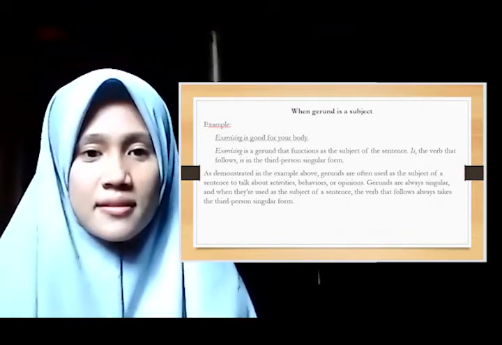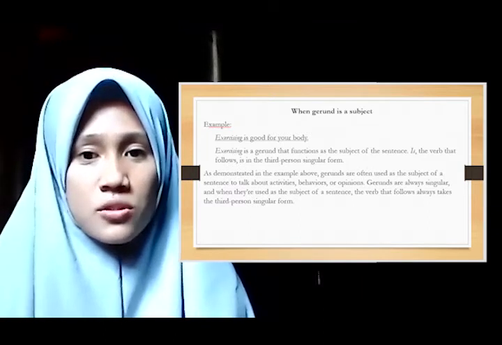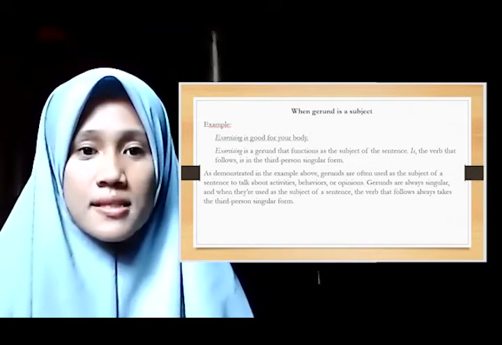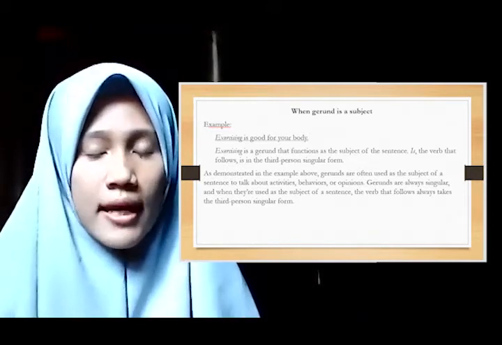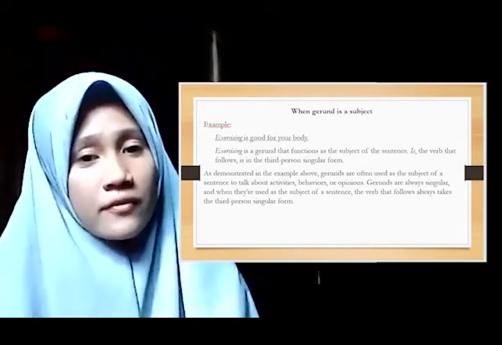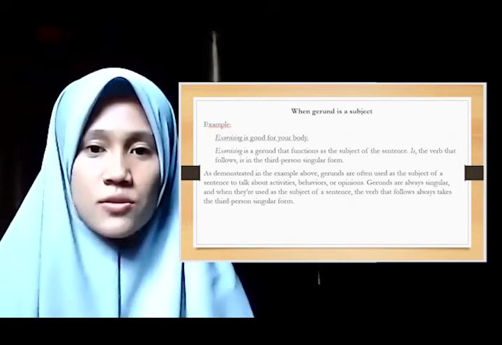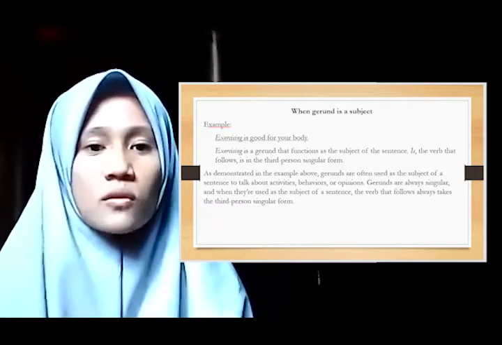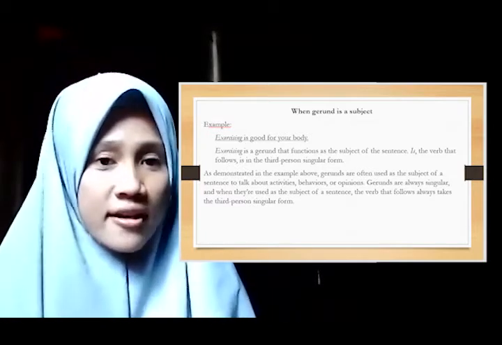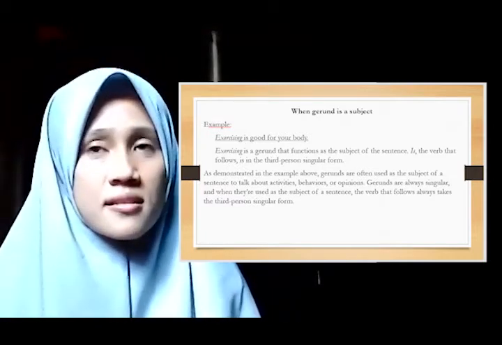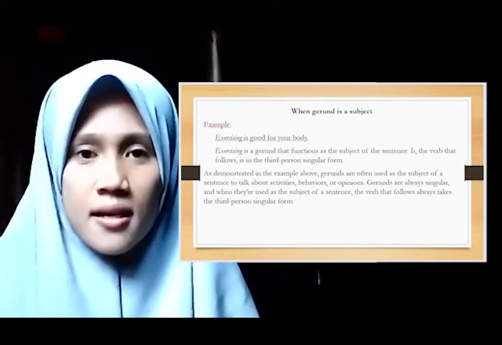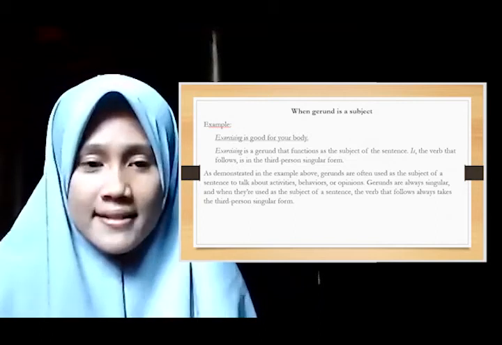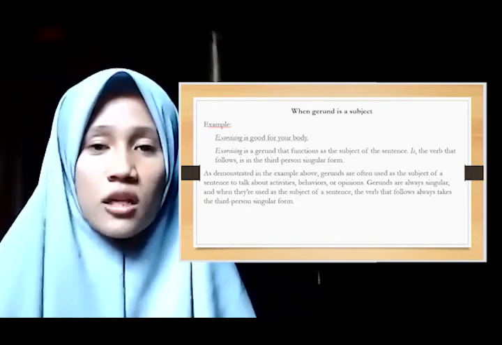As demonstrated in the example above, gerunds are often used as the subject of a sentence to talk about activities, behaviors, or opinions. Gerunds are always singular, and when they're used as the subject of a sentence, the verb that follows always takes the third person singular form.